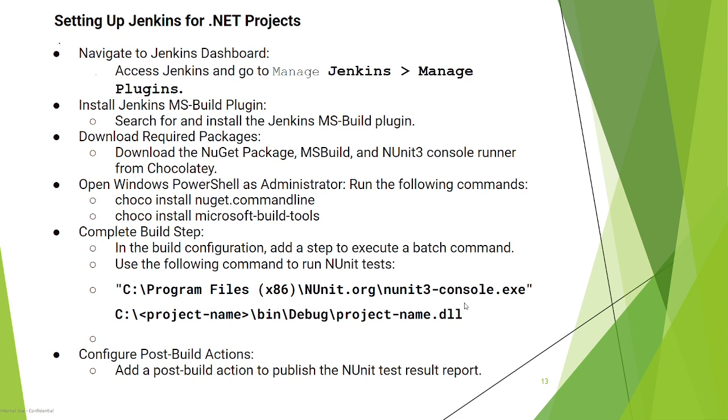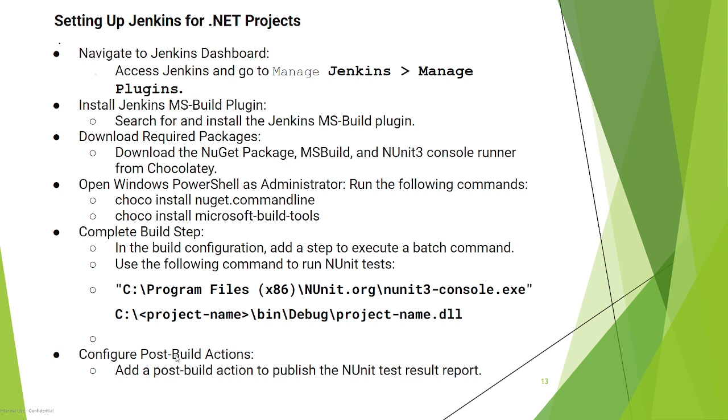This is a single command: you will call your NUnit3 console.exe which you have installed through Chocolatey, and then you will call your C# project, bin, debug, and the project name.dll file to run your automation tests in the console. This one single file will run all your tests using the Windows batch command.